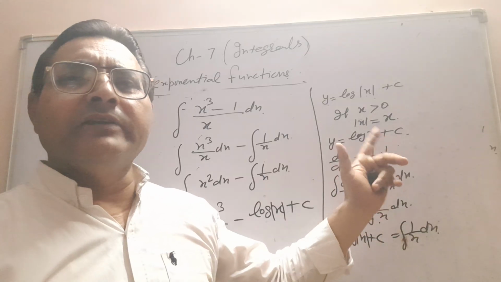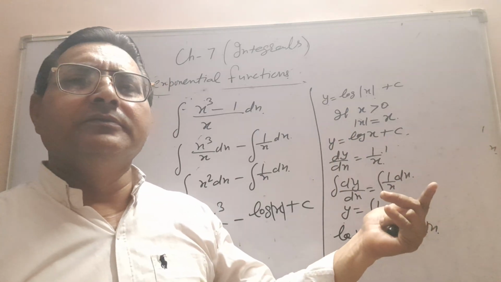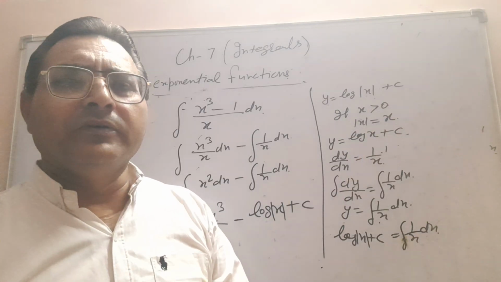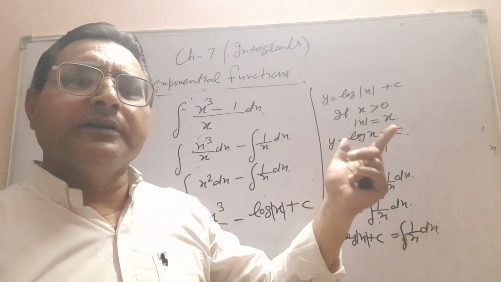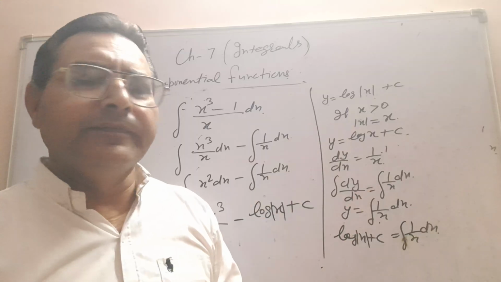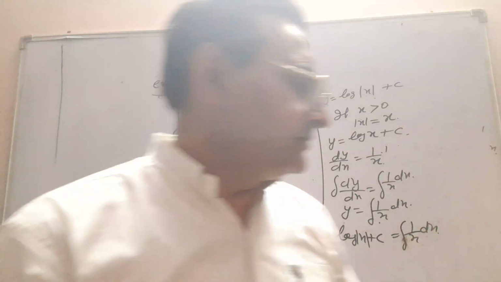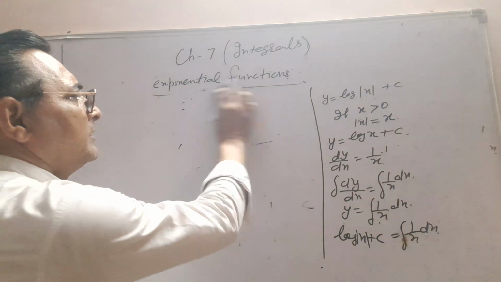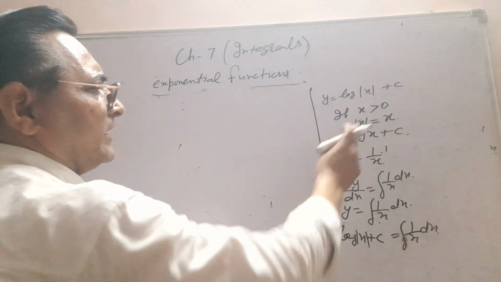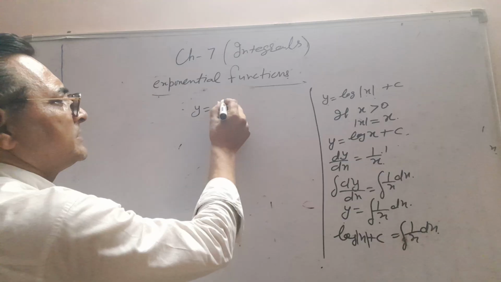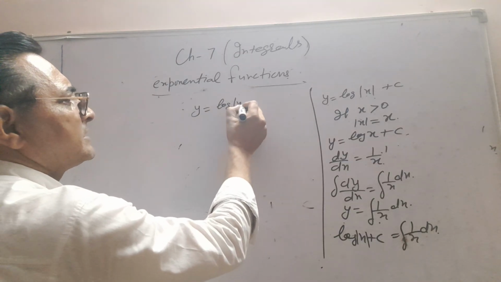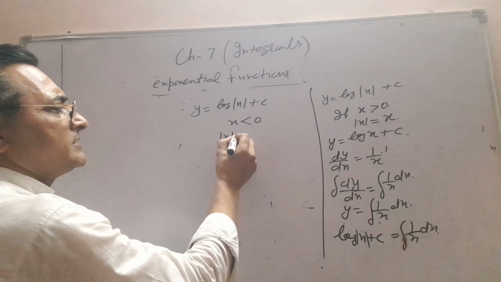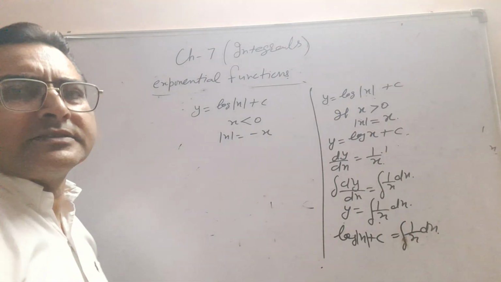Now we will prove that if there is a negative value with the log, the derivative and integration will again be the same. So look here how. If I take the same function, log of modulus x, and x is less than 0, then modulus x will be considered as negative x.